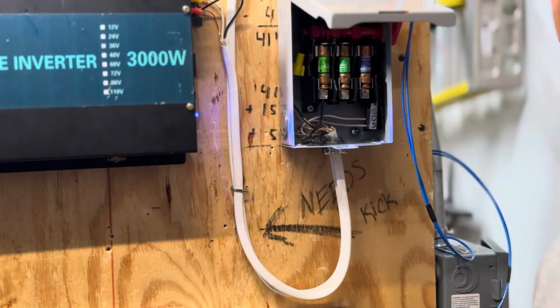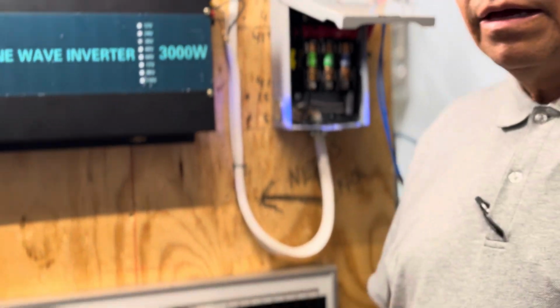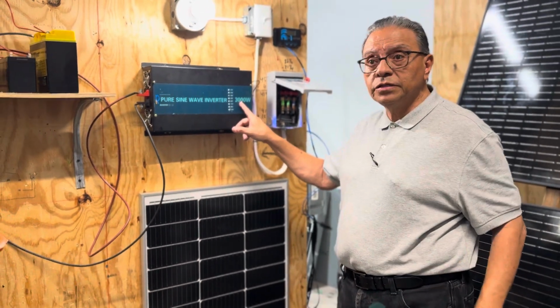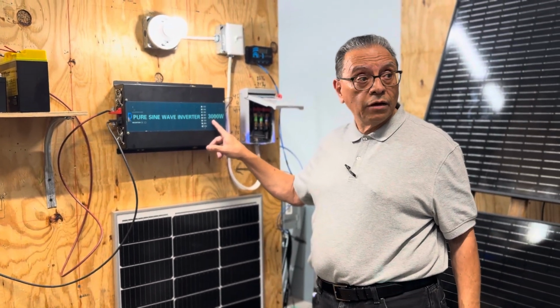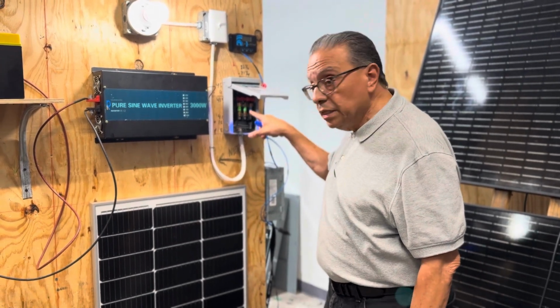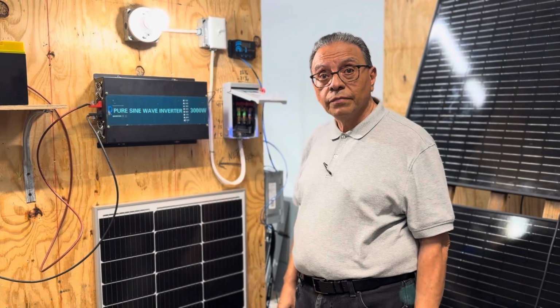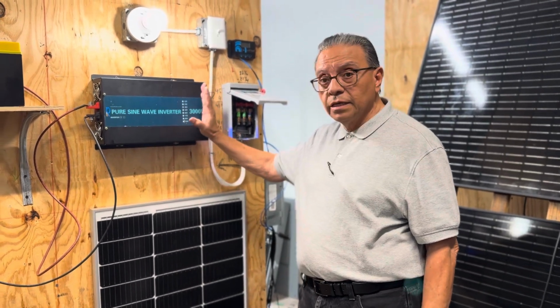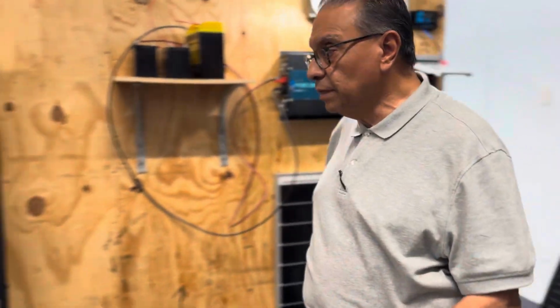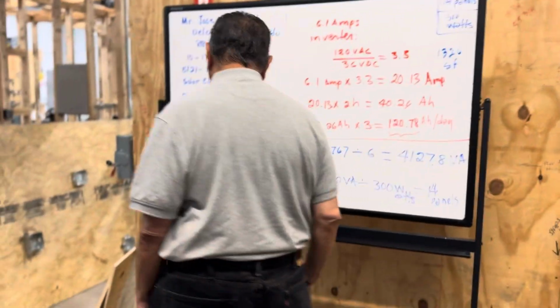What is the size or rating of my fuse? It will depend. Divide this 3,000 watts by 120 volts. That will give you the rating of your fuse. We need to use a fuse to protect the output.